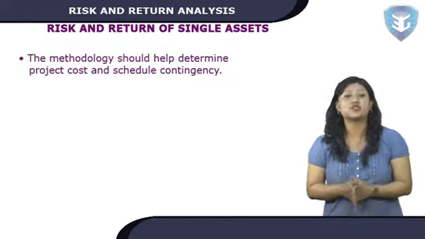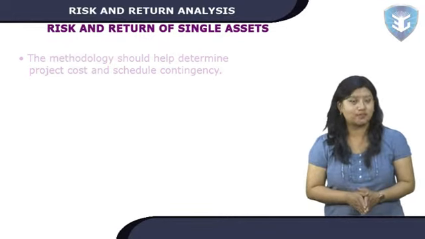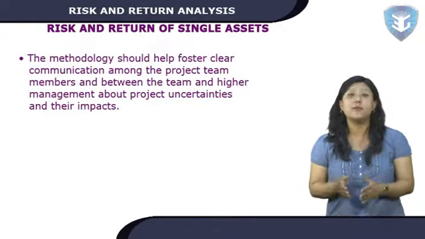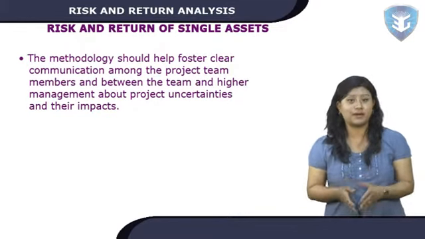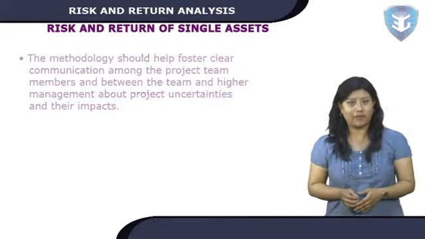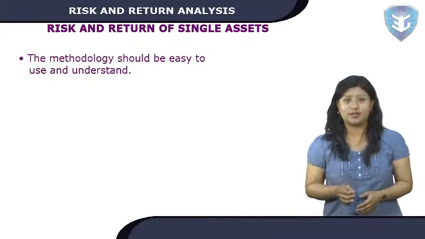The methodology should help determine project cost and schedule contingency. The methodology should help foster clear communication among the project team members and between the team and higher management about project uncertainties and their impacts. The methodology should be easy to use and understand.